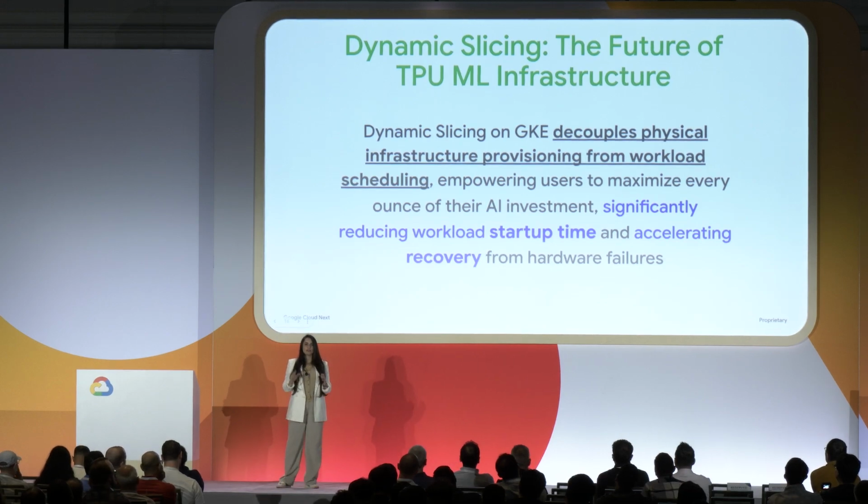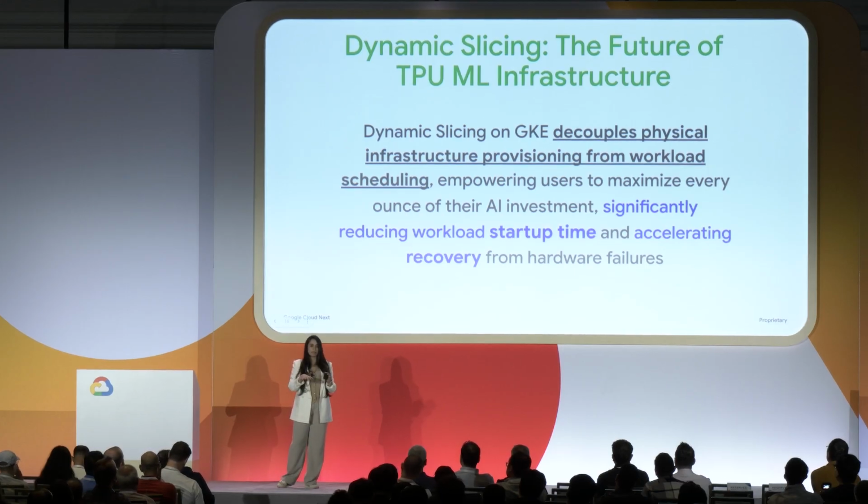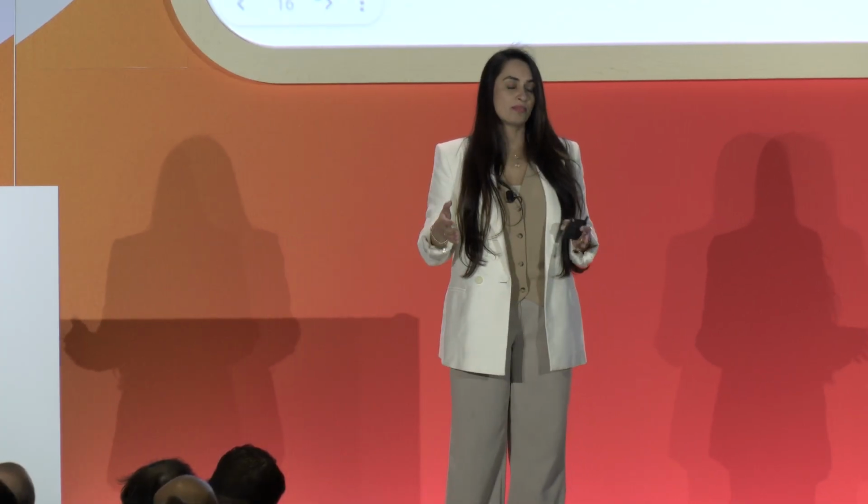Instead of waiting for a specific node pool configuration to be created per your workload and managed, GKE intelligently forms the slice for you that you need for your workload at the time of creation. And this provides a dramatic reduction in the job startup time and accelerates the recovery.